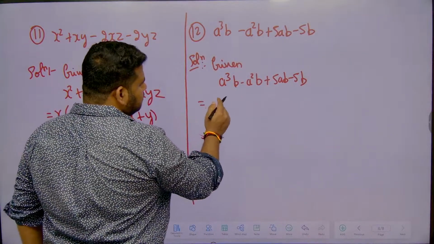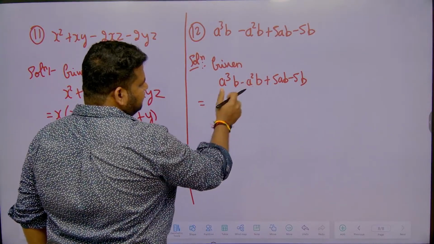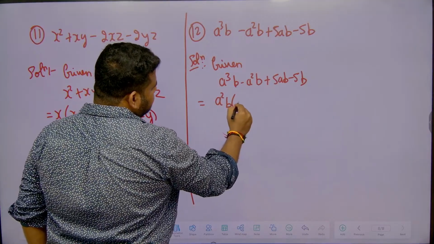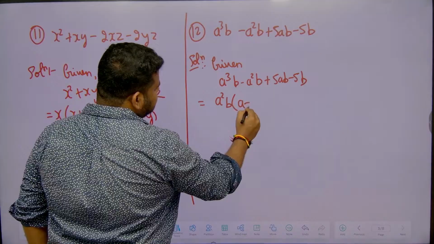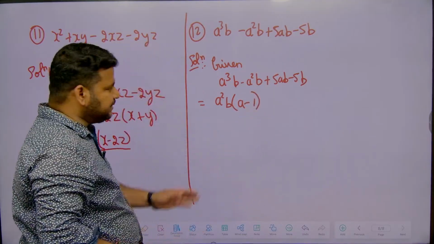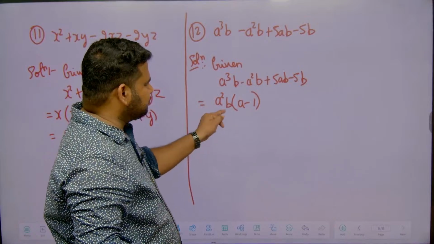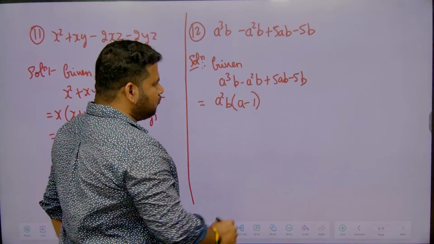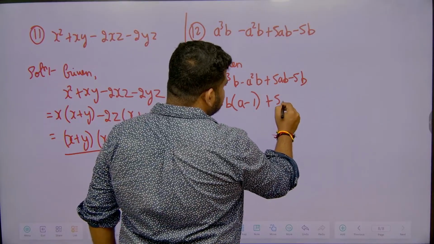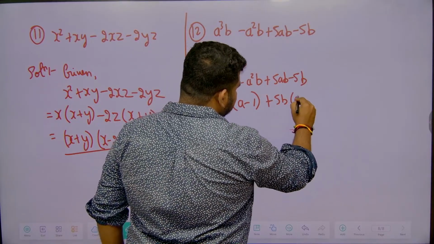So, a cube b, a square b. I can take b outside, a square I can take outside. So this will become a minus, what is this? It will just become 1. So it will become a square b into a minus 1. What about this one? Same thing. I can take 5b outside, this will become a minus 1.